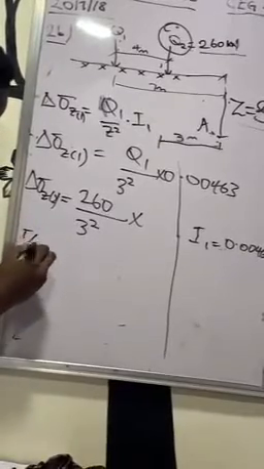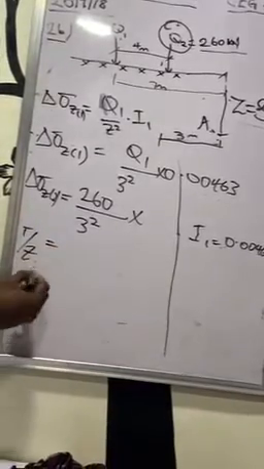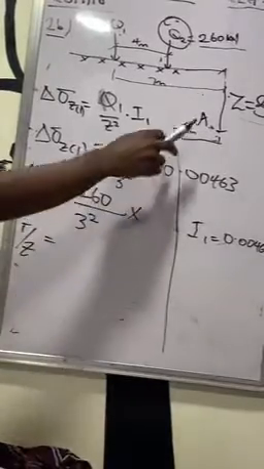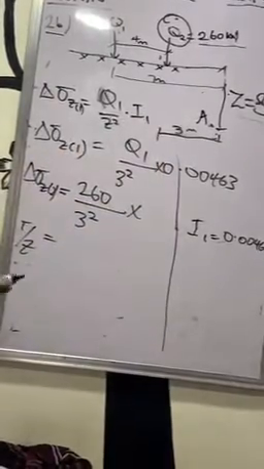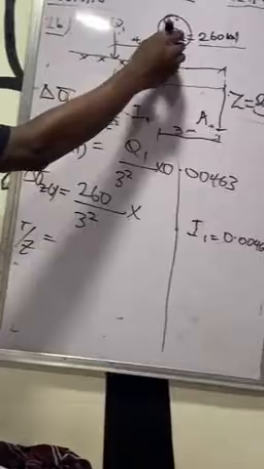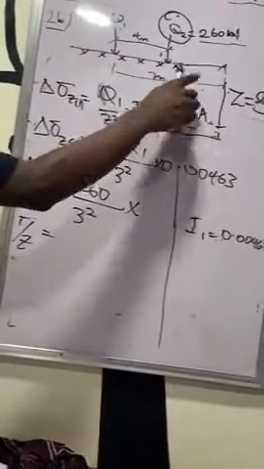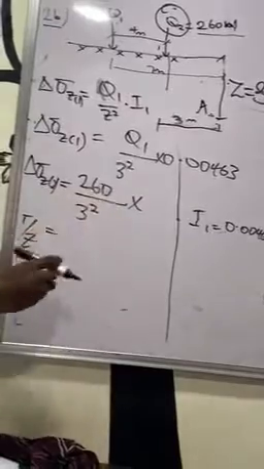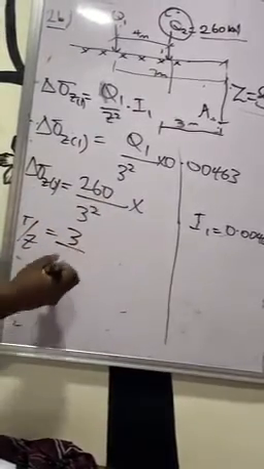Again, I is dependent on R over Z. Z is the same thing, 9. So R over Z, this time our R is going to be the radial distance from this point to point A. We are taking it from here to point A, and it's given as 3 meters in the question. So R over Z is going to be 3 divided by 3.